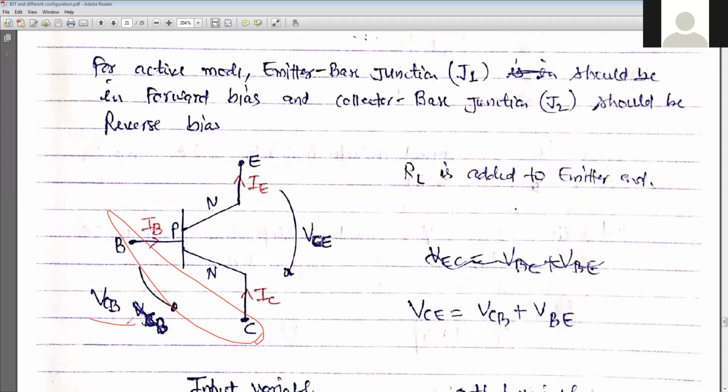If you put some load between these two, then VBB is equal to VCB plus IB times some resistance R1, because that resistance you put between these two will take some voltage drop.